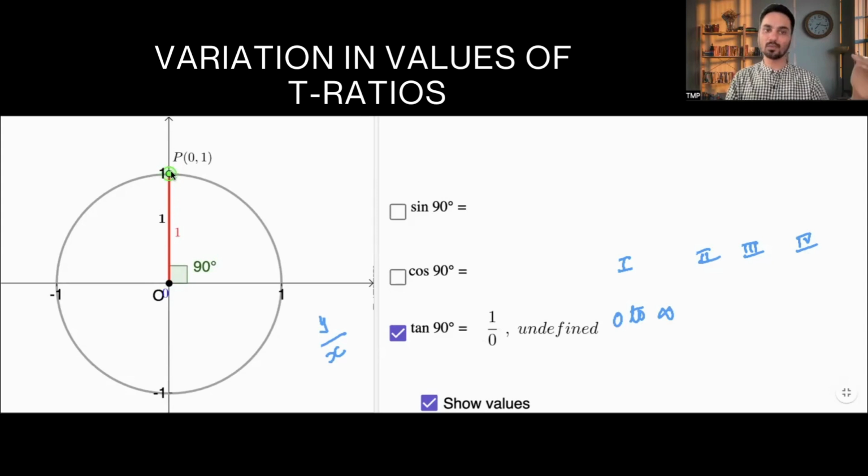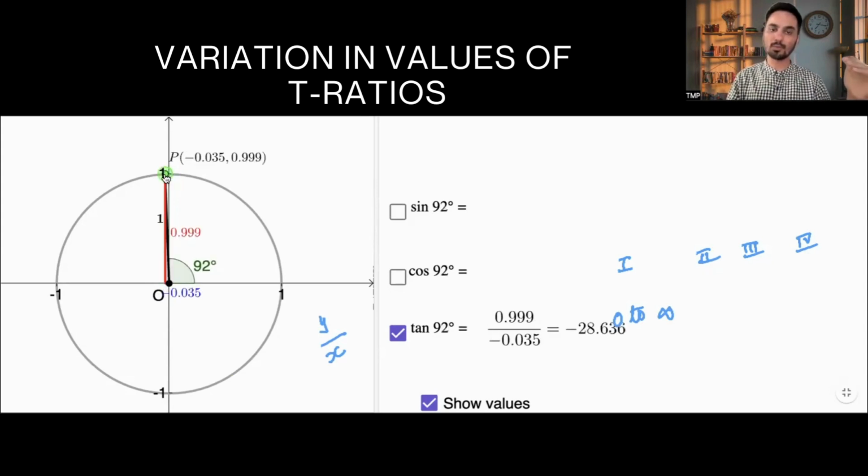Moving in the second quadrant, when you move from 90 degrees onwards, you'll see that the value of tan is a large negative number. That means from 90 degrees, if you move a few points towards 180 degrees, the value of tan is largely negative, or we can call it minus infinity.